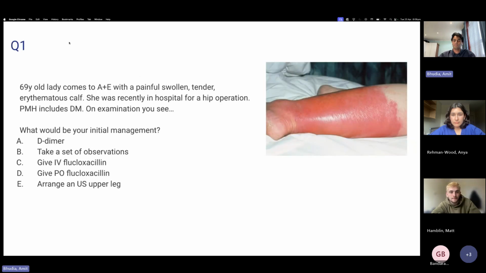So let's start with an SBA. I'll give you about 30 seconds to answer, and then if you could put your answer in the chat, or if you want to shout out, that'd be good.